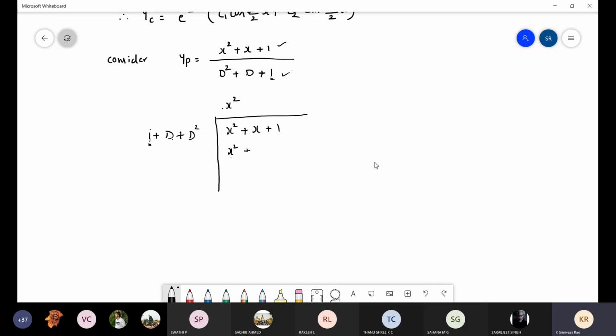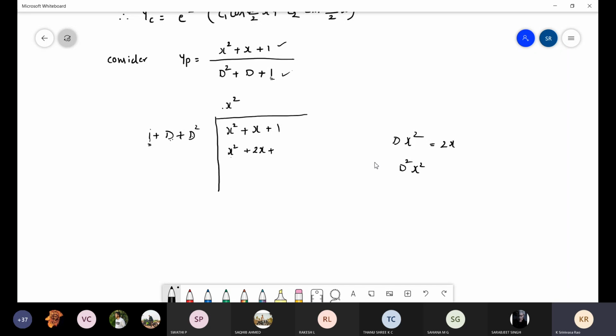Now plus into plus is plus. What is d into x square? What is the meaning of d into x square? Differentiation of x square. What is the answer? 2x, is it right? That 2x you have to write here. Next, again plus into plus is plus. What is d square into x square?